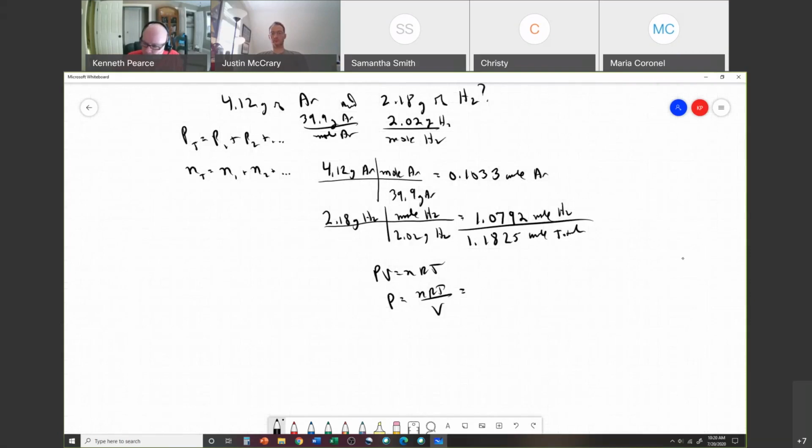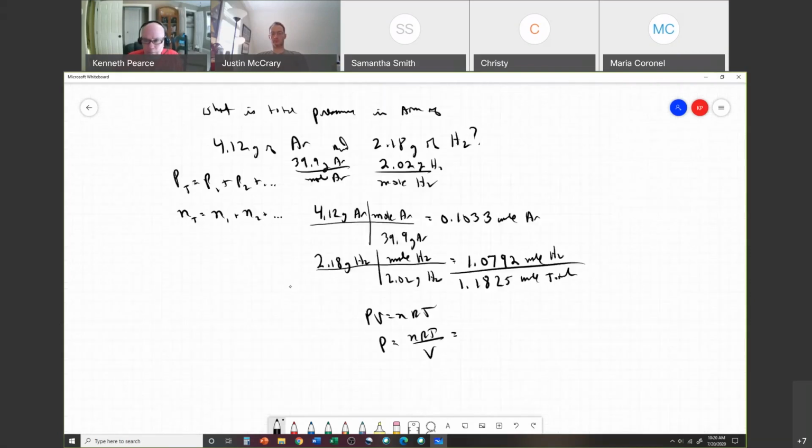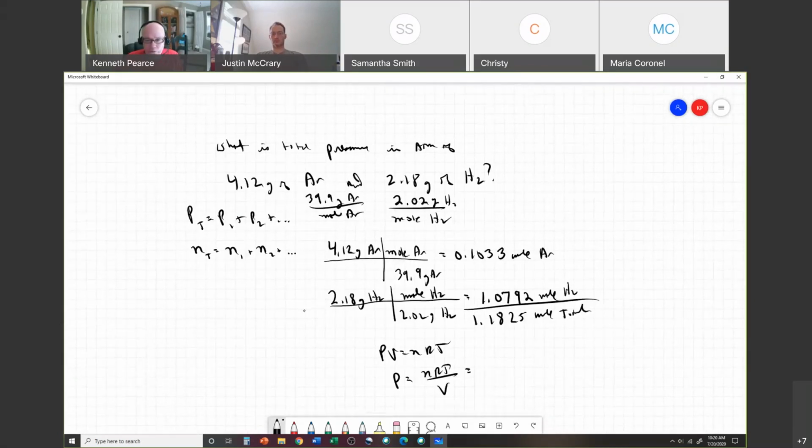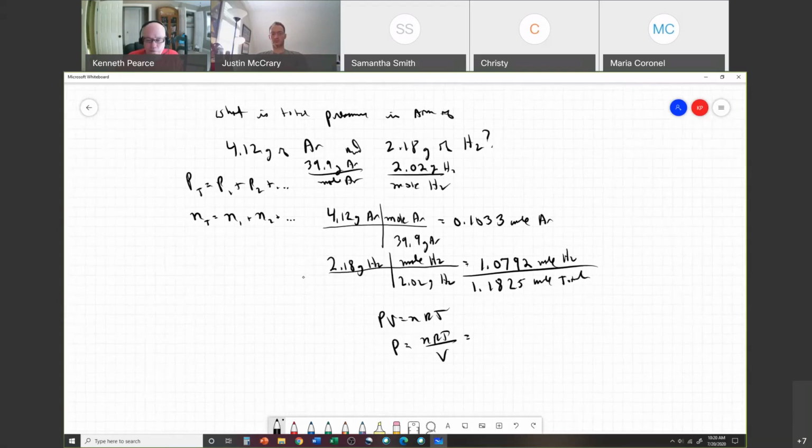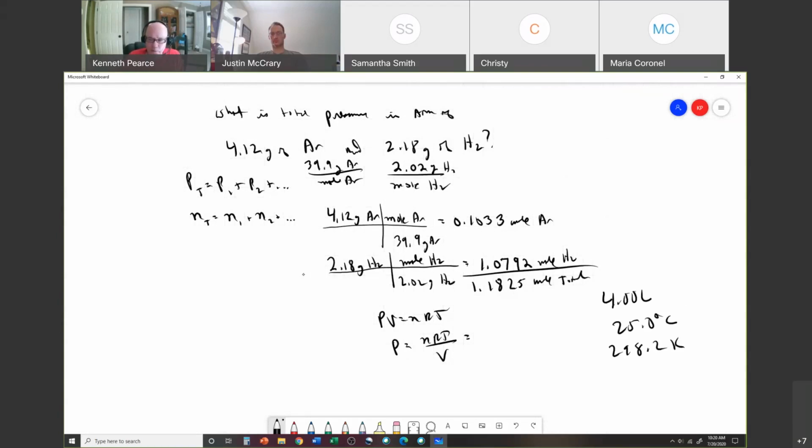All right, so we need some sort of volume. Let's stick with our container, which we have in our lab, which is 4 liters. Typical room temperature, 25 degrees Celsius, which is, of course, 298.2 Kelvin.